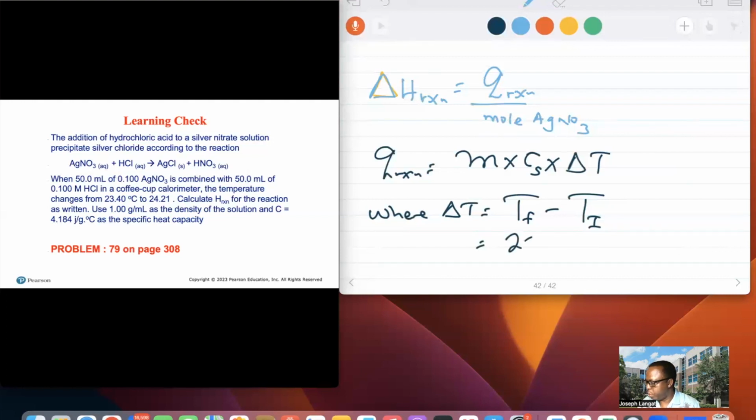That is 24.21 minus 23.40, which is 0.81 degrees Celsius. We need the change in temperature.